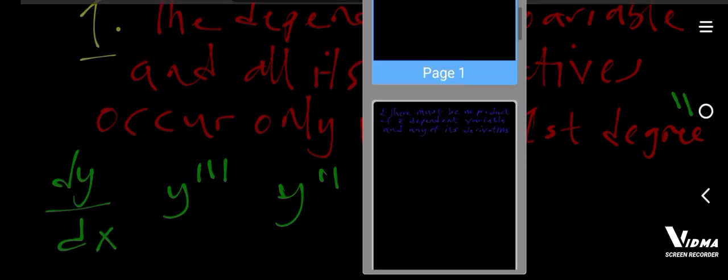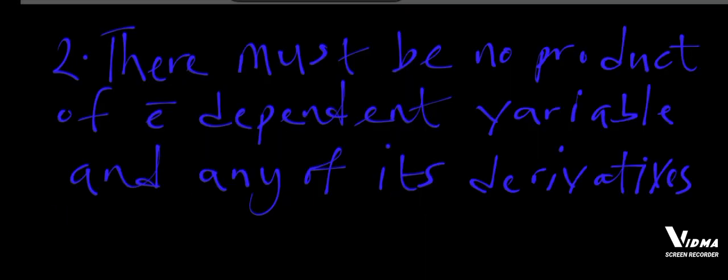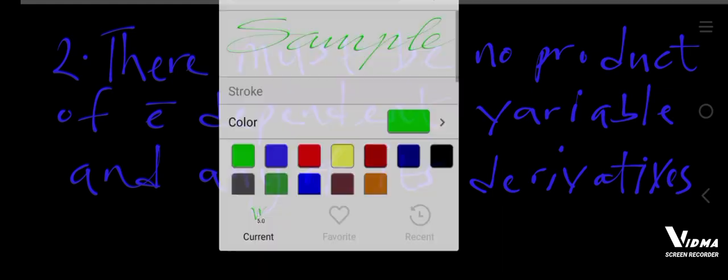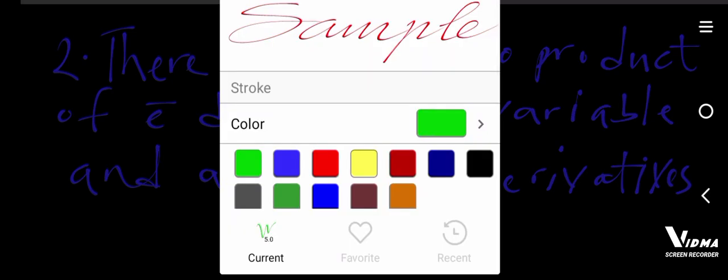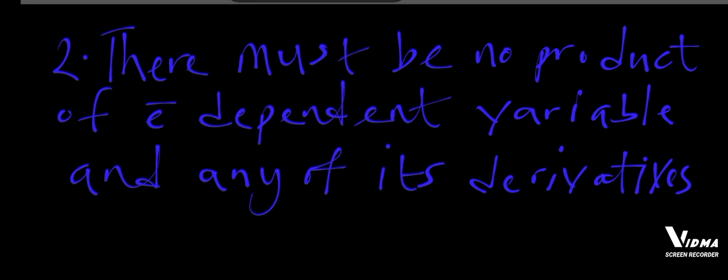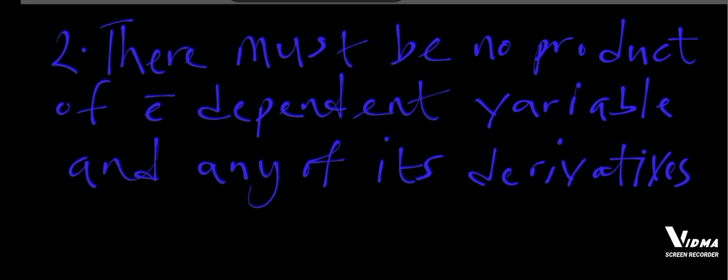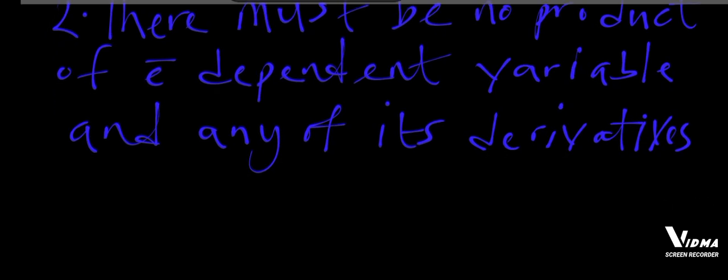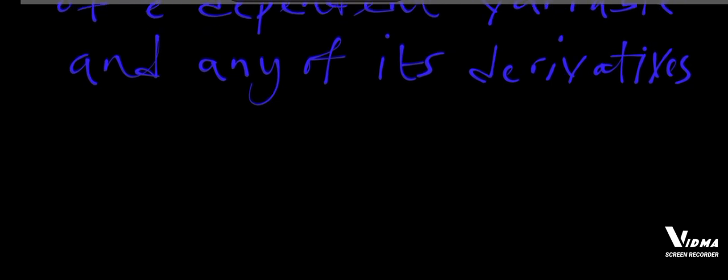The next one is that there must be no product of the dependent variable and any of its derivatives. Let me say that again. There must be no product of the dependent variable and any of its derivatives.